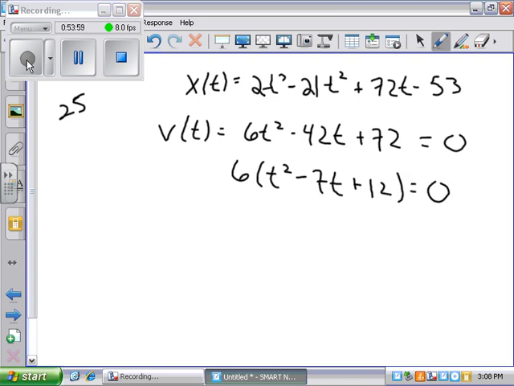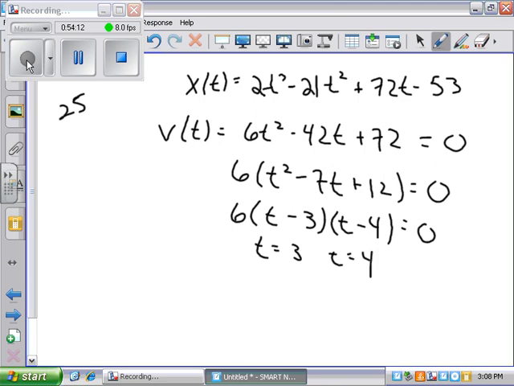Two numbers that multiply to positive 12 and add to negative 7. That's them. Easy. All righty. 3 and 4. Choice E.